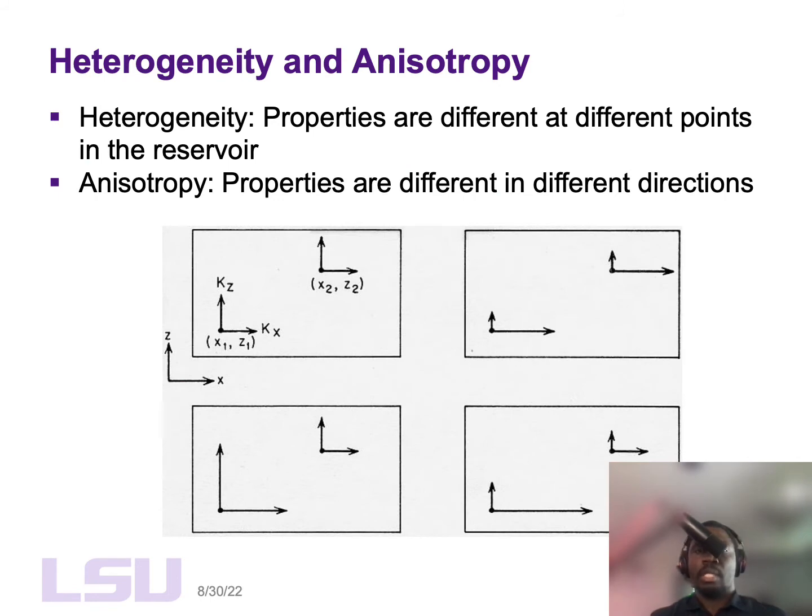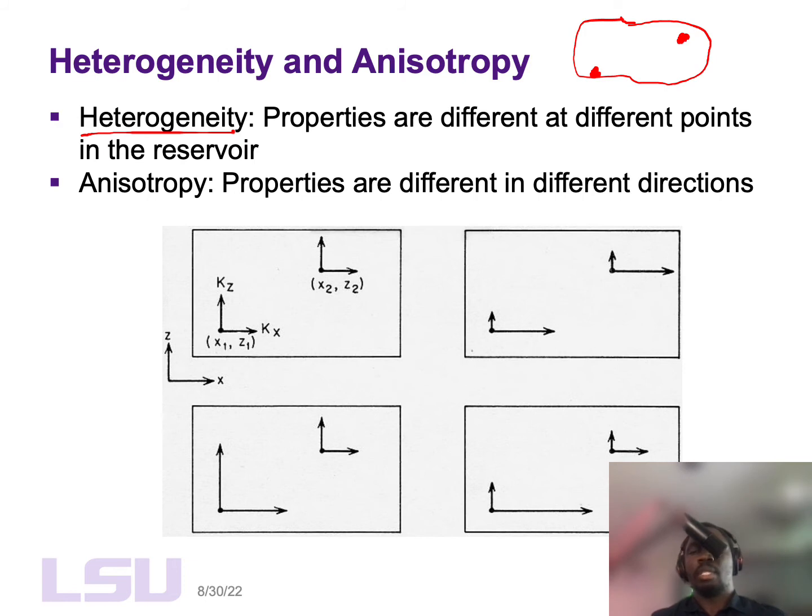Let's talk about heterogeneity versus anisotropy. They are two different things, right? Heterogeneity refers to the fact that the value of, say, permeability in this position in a reservoir could be very different from the value of the property, in this case permeability, in a different location.